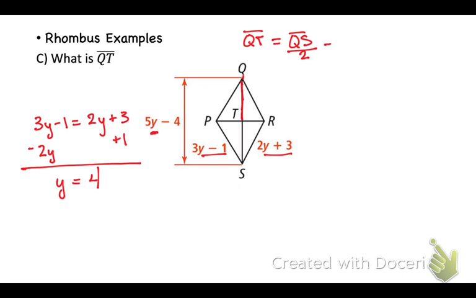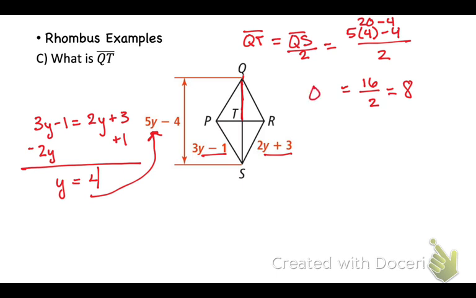So now up here, I need to plug 4 into y. So 5 times 4 is 20, minus 4, over 2. So 20 minus 4 is 16, divided by 2 is 8. So QT equals 8.